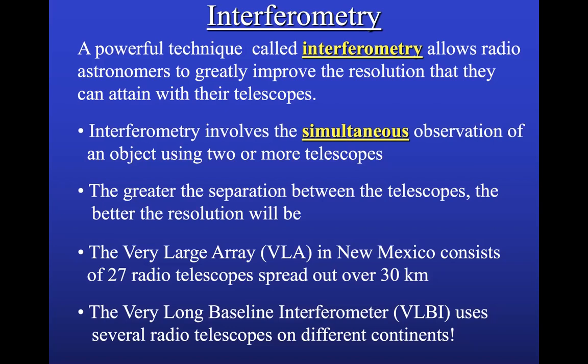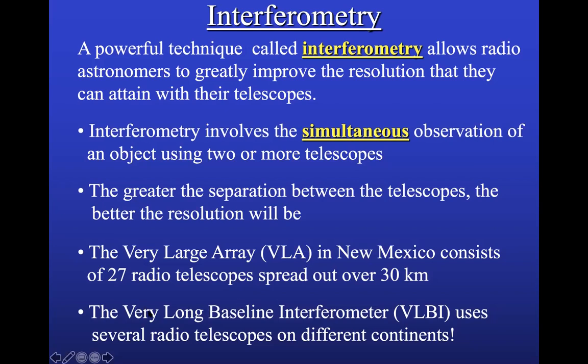And the Very Large Array in New Mexico, a state in the USA, actually consists of 27 radio telescopes spread out over a 30-kilometer distance. So they basically use this series of telescopes for observations in radio waves using interferometry.